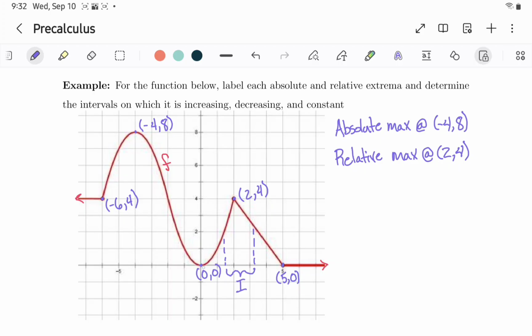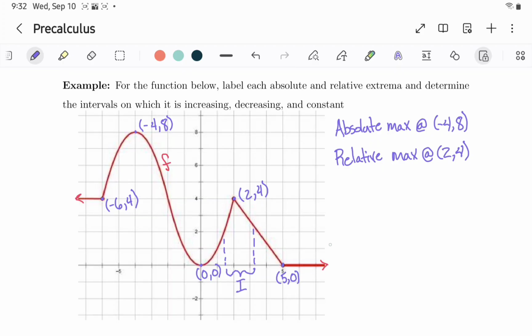And then if we look at the two lowest points that we labeled here, at the origin and at 5, 0, looking at the graph of f, 0 is going to be the lowest value of f.